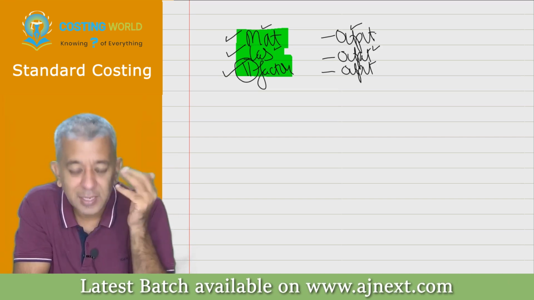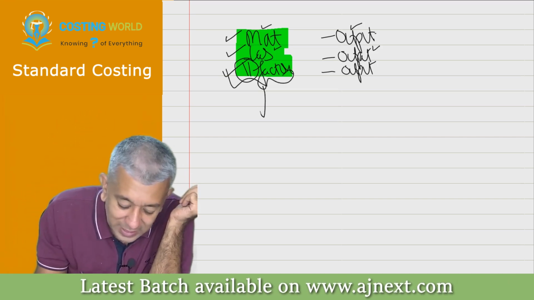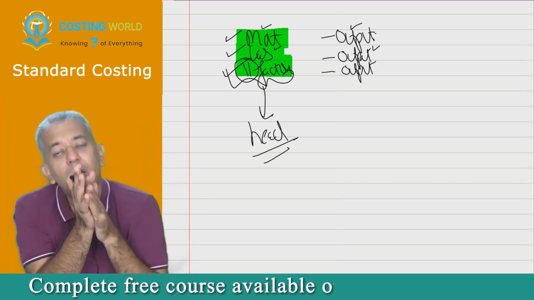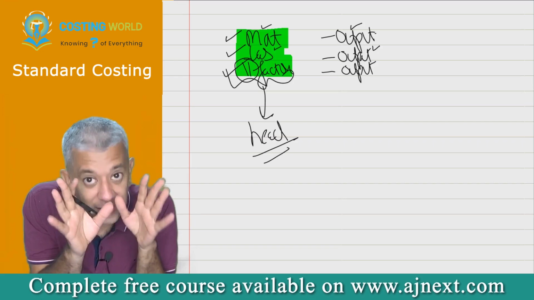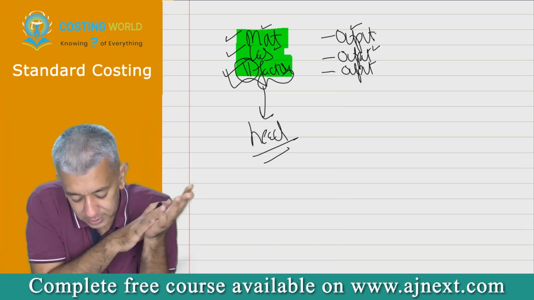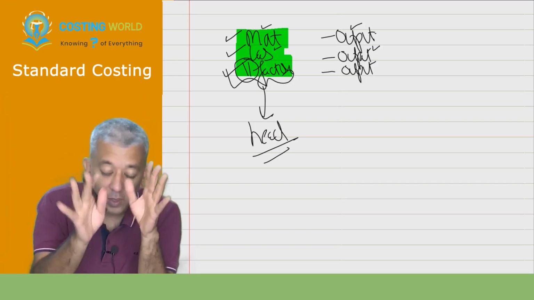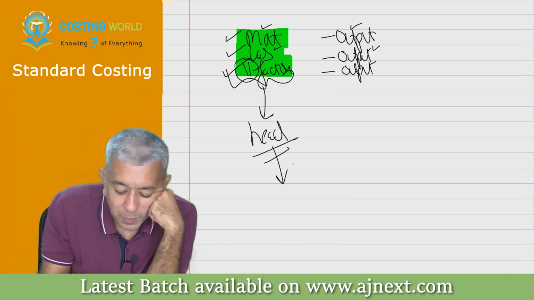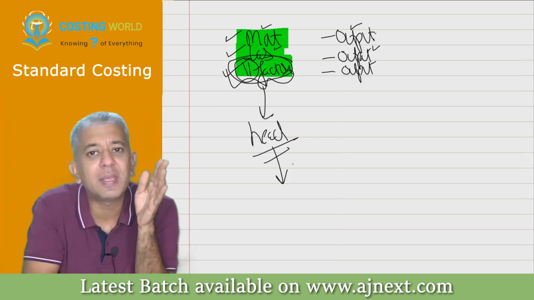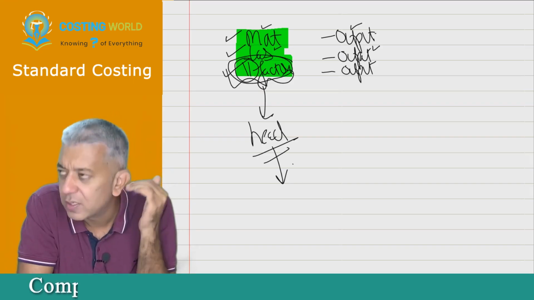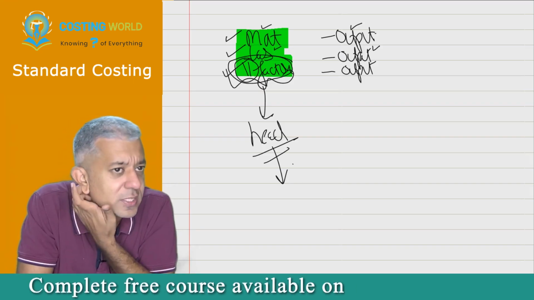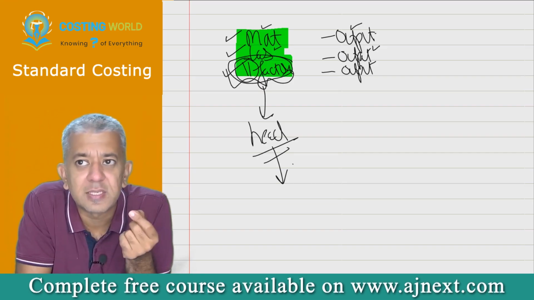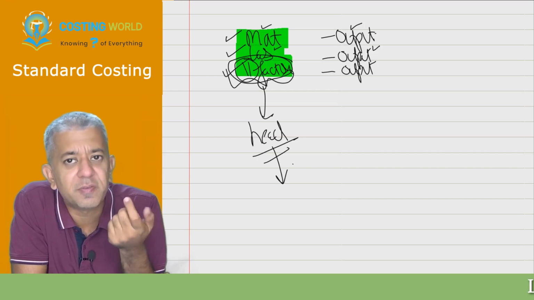But as I told, variable factory overheads is a head of expense. It is not an expense by itself. Again for your CA Inter, there might be so many expenses that can be categorized as variable factory overheads. To give you a small example, suppose coal that is used inside your machines could be a variable factory overhead.